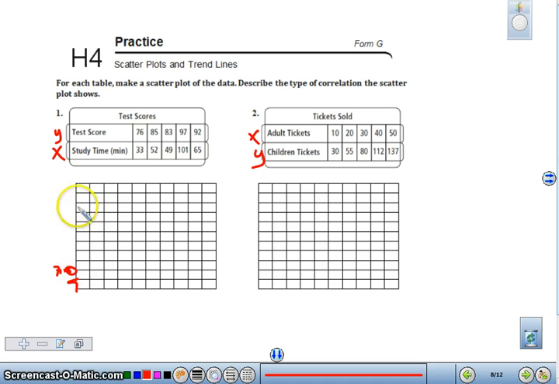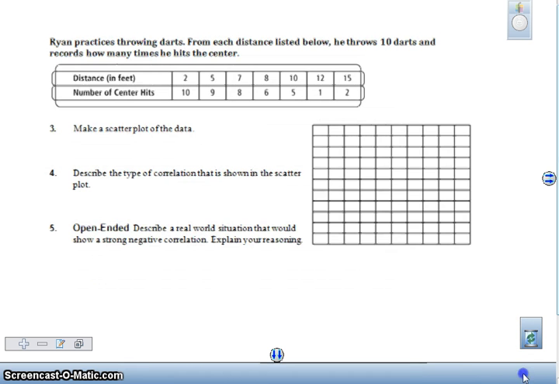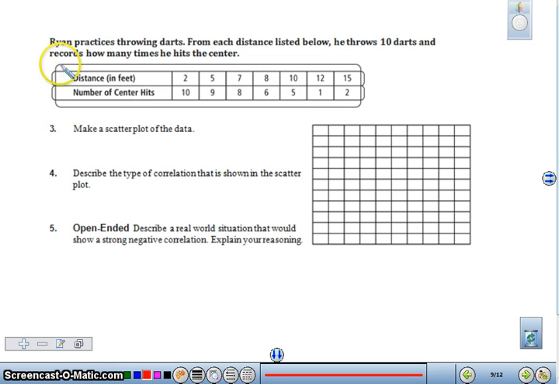So I might start at 70 and then pick a scale to go up. As I'm looking at this next one, I'm looking at the distance in feet. That would be my X to my Y being the number of hits. So again, labels telling what's on the sides of each of these.